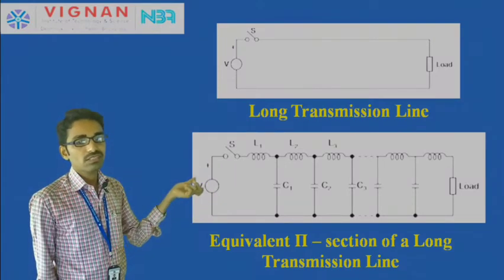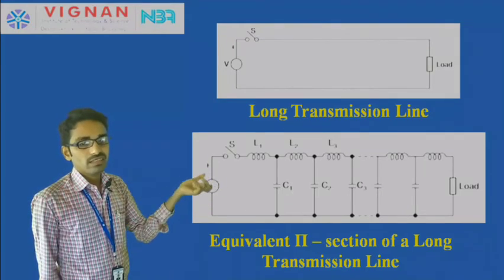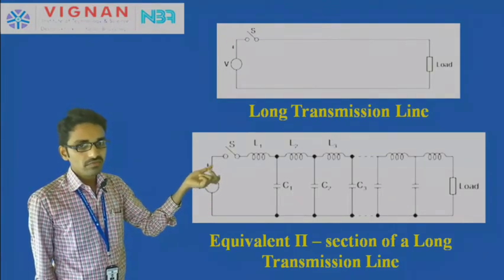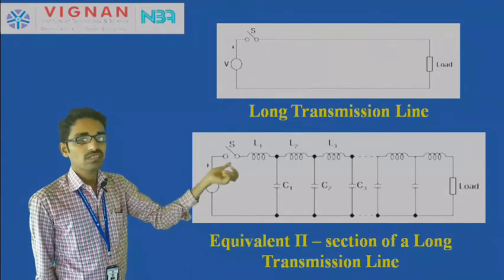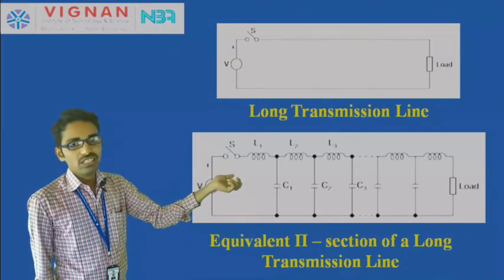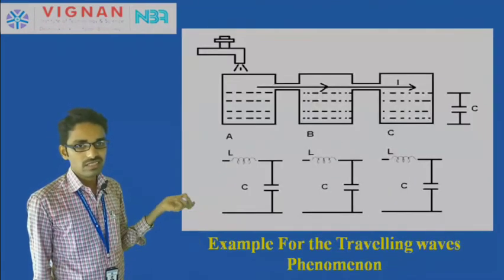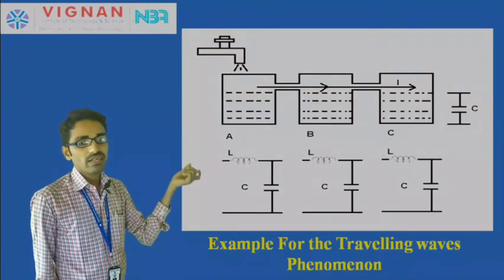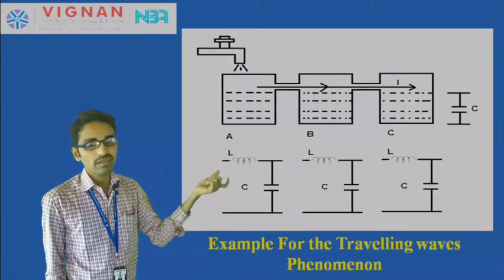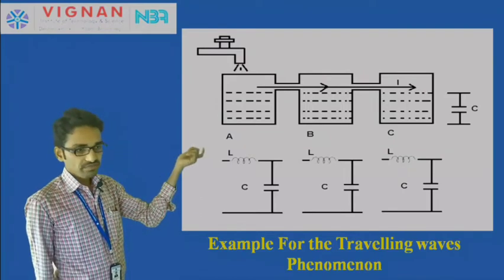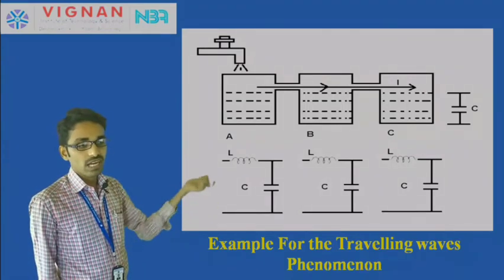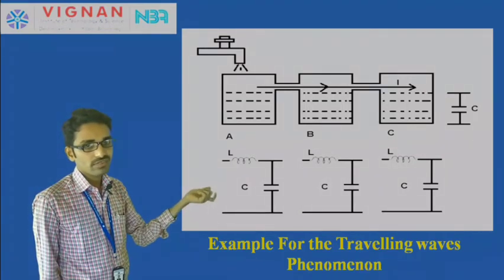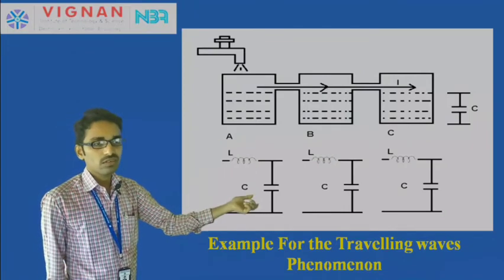After the charging of C1, L2 allows the current, and then C2 gets charged. In the same way as the water flows from one chamber to the other, L1 and C1 are charged first, then L2 and C2 are charged.